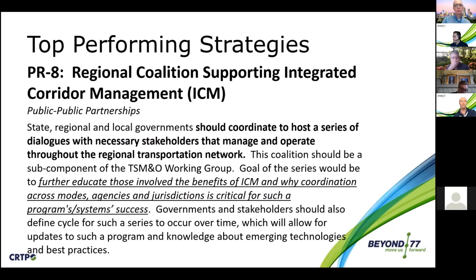The next one is a programming matter, and I wanted to include it with today's discussion because it was a very big picture component. It is recommending the development of a regional coalition to support integrated corridor management.